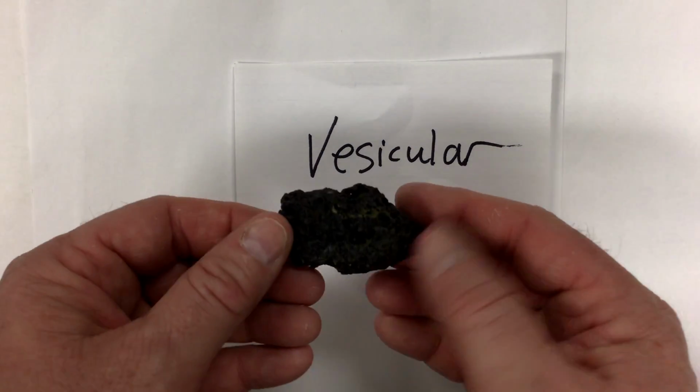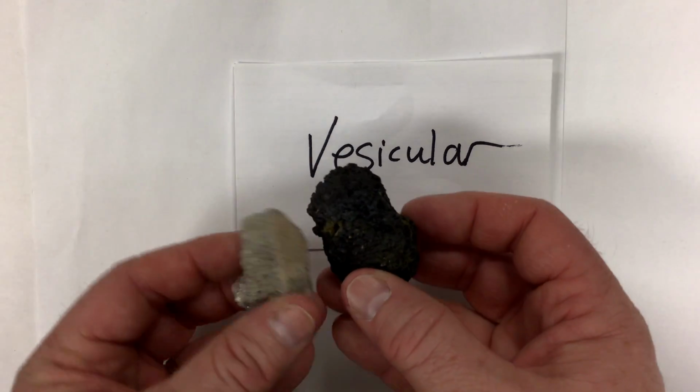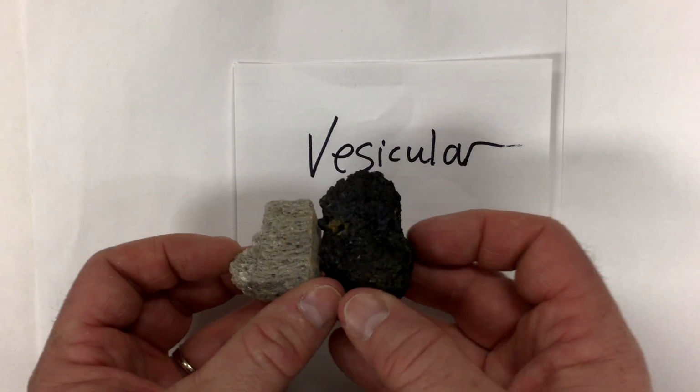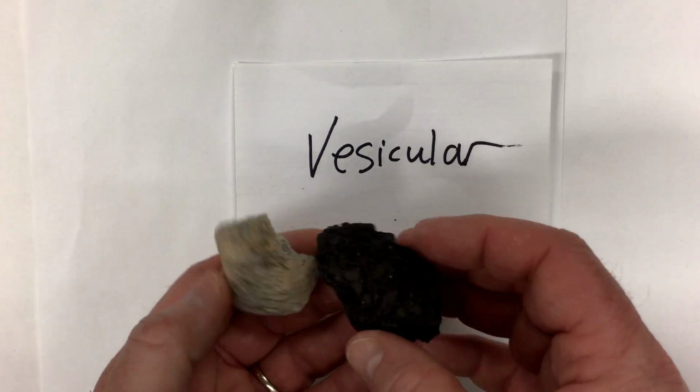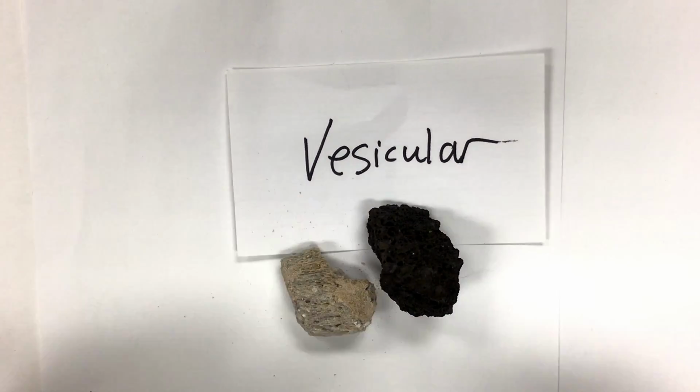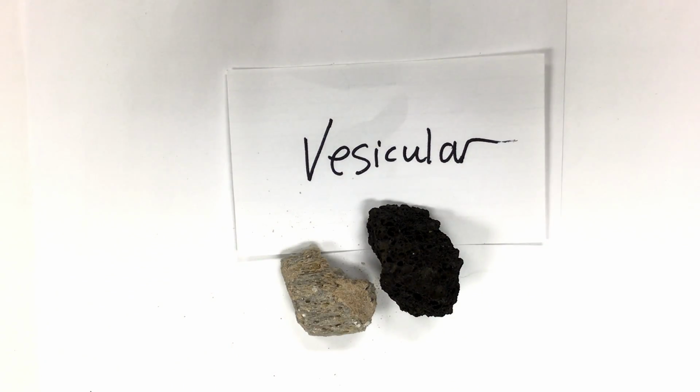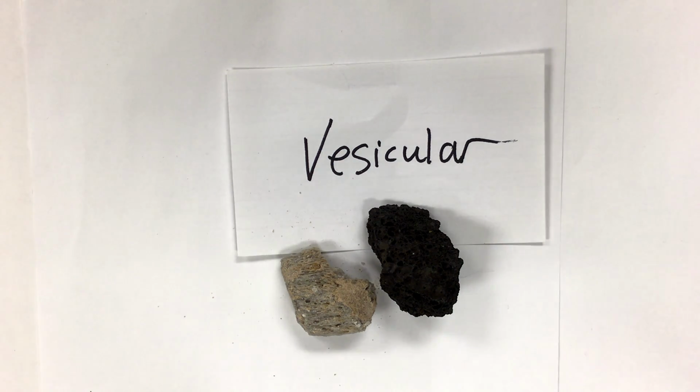Now the vesicular. The vesicular has this spongy, frothy look. Here's a light colored one and a dark colored one. The way I like to explain this is to imagine you poured a Coke or a Pepsi into a glass and got that frothy head at the top. If you could harden that frothy head, what is it made of?